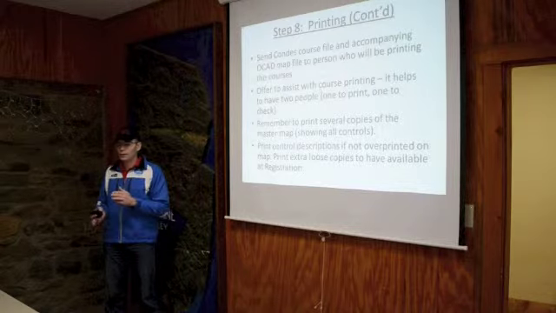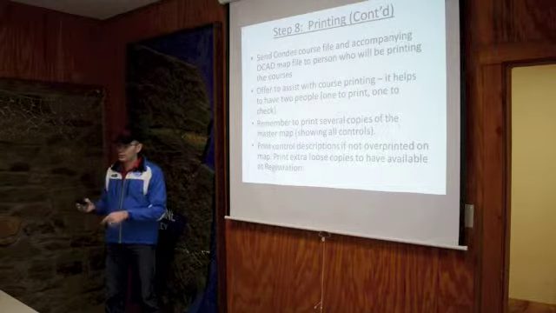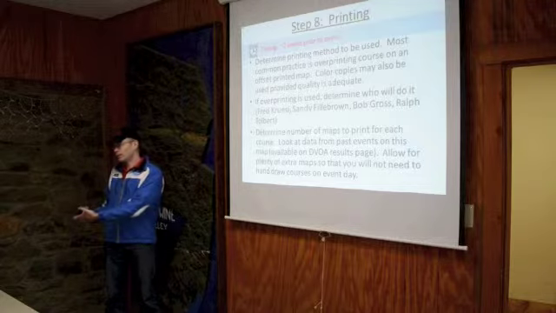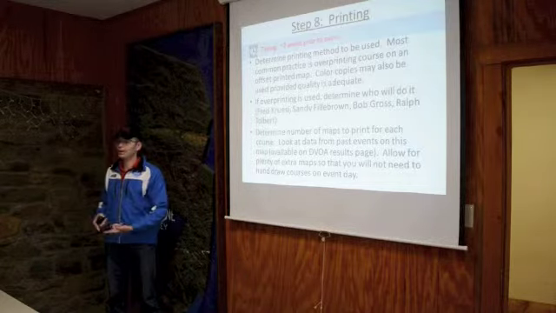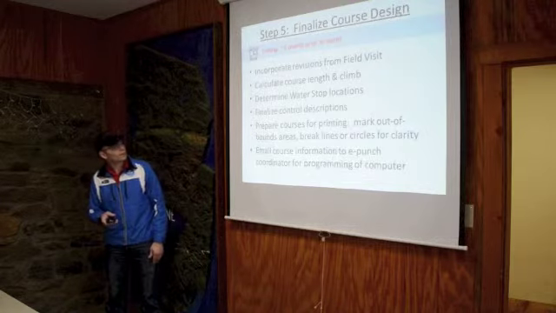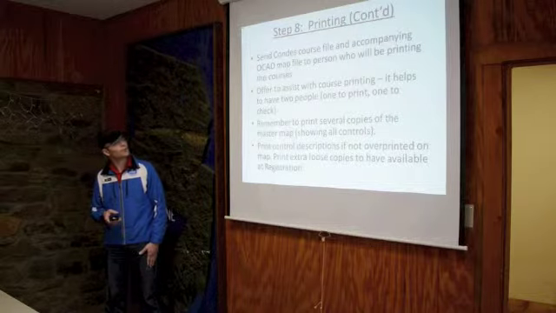Again, if you're not printing the control descriptions on the map, you'll want at least one copy for every map, and then at least one extra copy for everybody, and then some extra copies there. So you basically want to have a bunch of them.